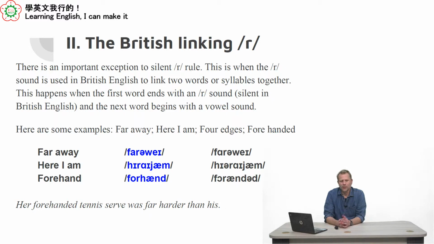In American pronunciation, you would hear the R and the H, forehand. In British pronunciation, the H is often dropped, and the R then returns between those, because when you drop the H in hand, you get "and". So it's a forehand. In American pronunciation, a forehand, and in British pronunciation, a forehand.